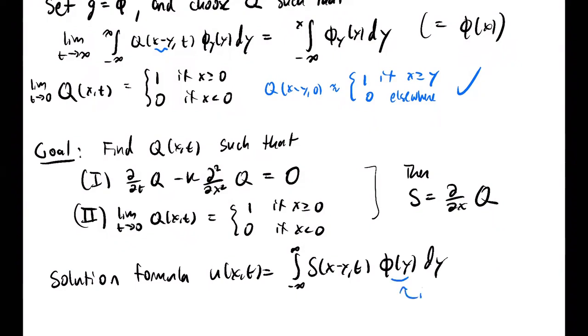Right, so here's your initial value, and this is your source function. Okay, and so now basically the rest of the lecture will just be spent trying to find this function q that meets these two conditions.